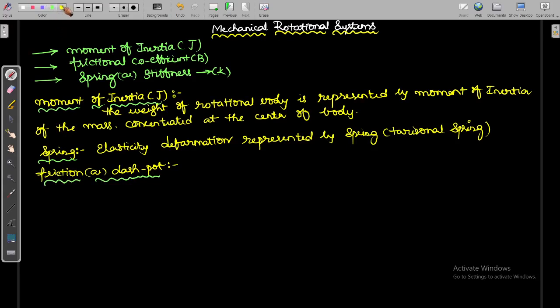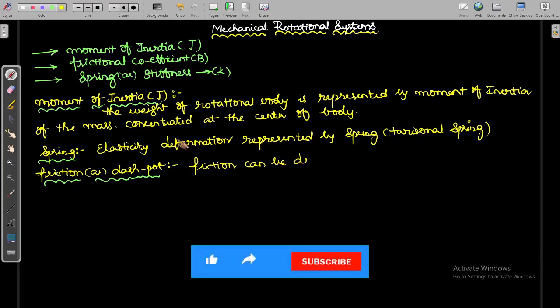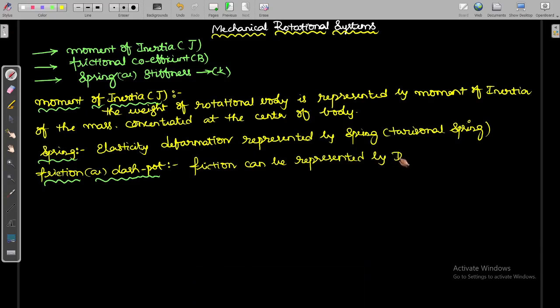So the friction is represented by this dashpot in the case of mechanical rotational systems. These are the three basic elements we use in mechanical rotational systems.